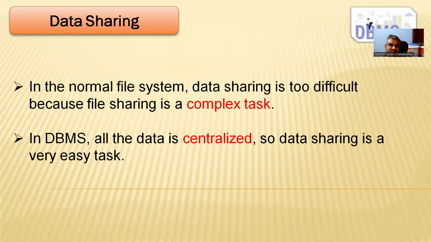One user changes that file, and the second user also changes it. Whoever saved last, that will be affected. The first user's saved modification will not be kept. That is very difficult to share data in a normal file system. In DBMS, all data is centralized, so data sharing is a very easy task.